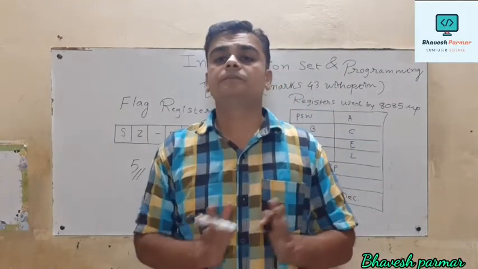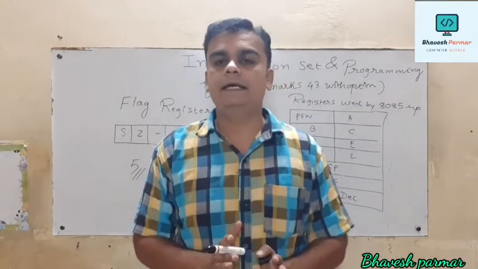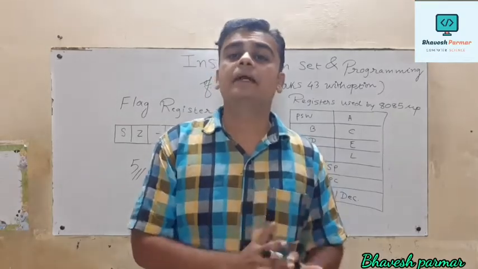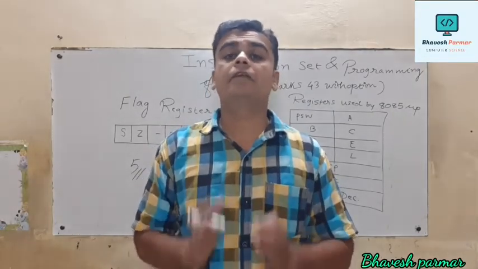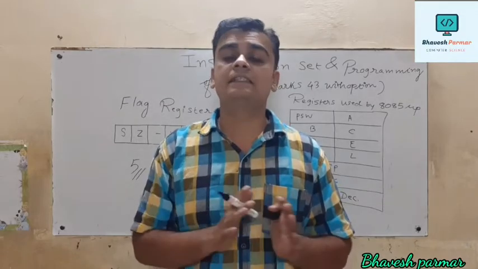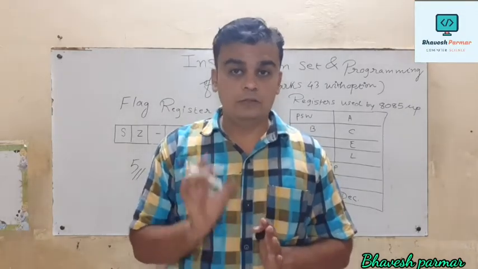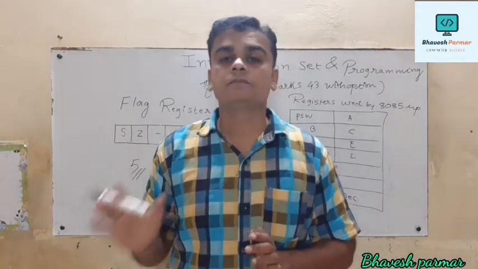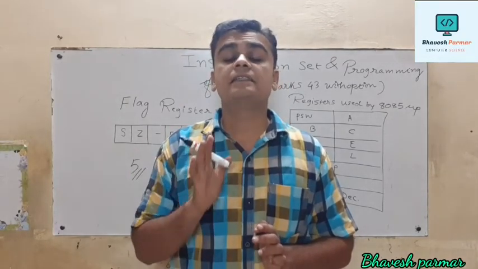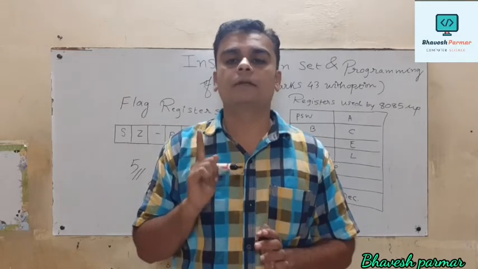If we perform any operation on given data, meaning any arithmetic and logic operation, and if we see the result, and if our result consists of all zeros, note down guys, then only then Z flag is equal to 1.